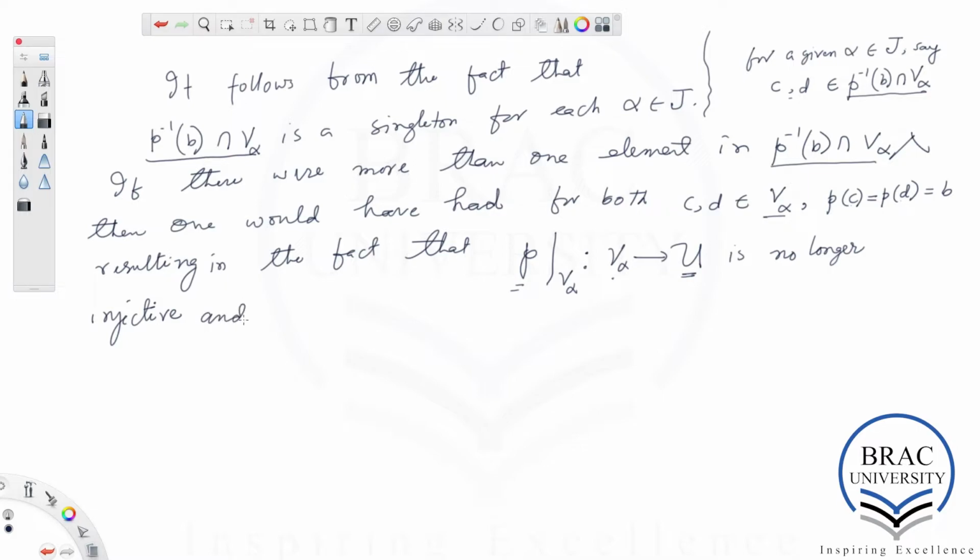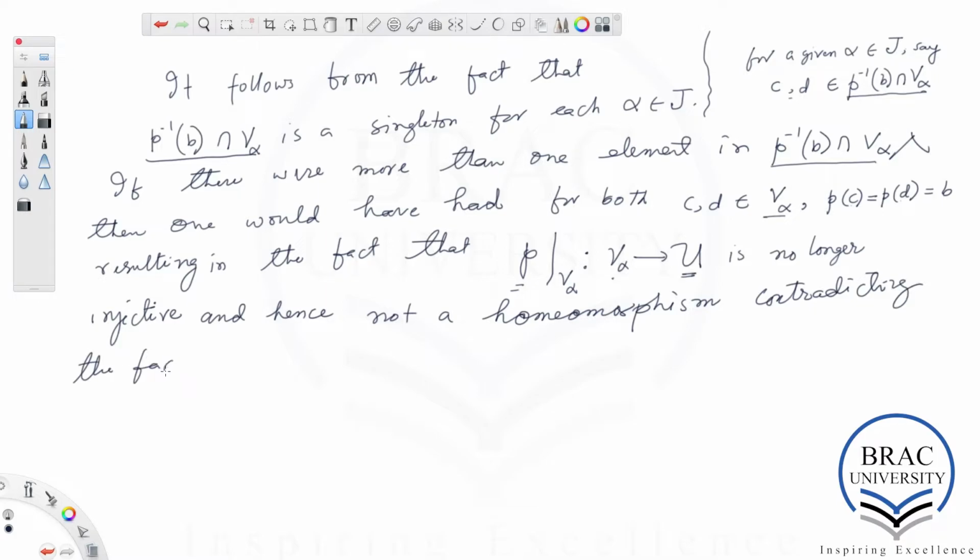And hence this would not be a homeomorphism, contradicting the fact that P is a covering map of B. And that is the reason this set is a singleton.